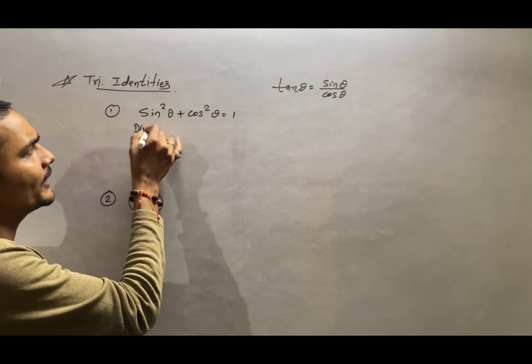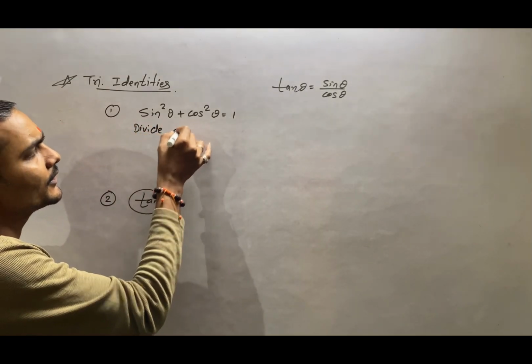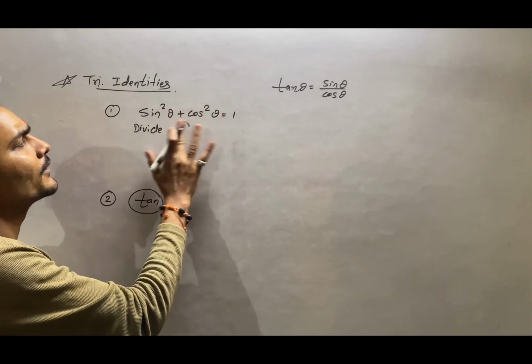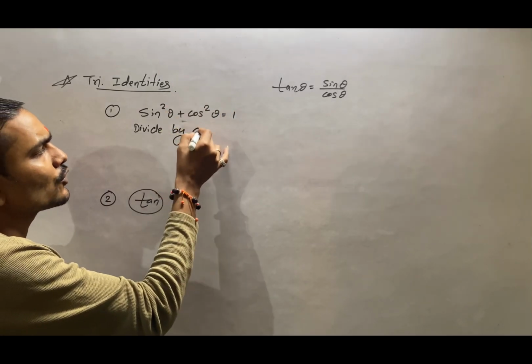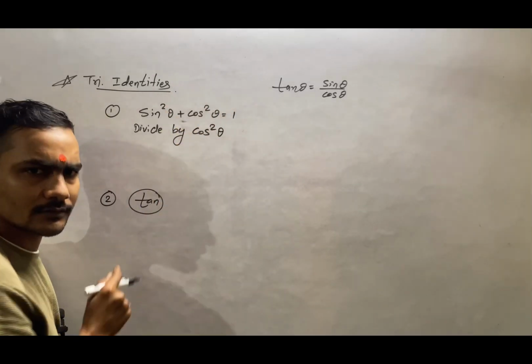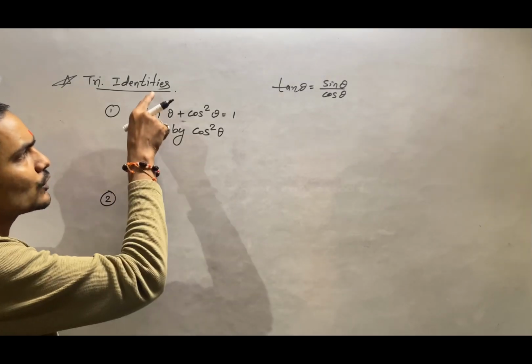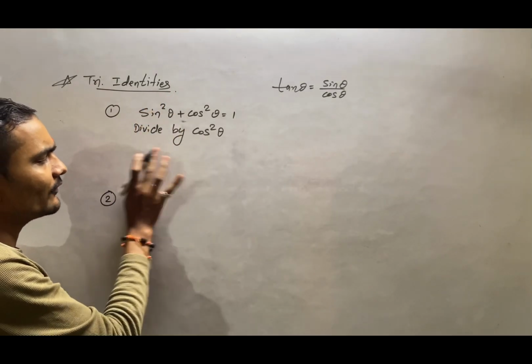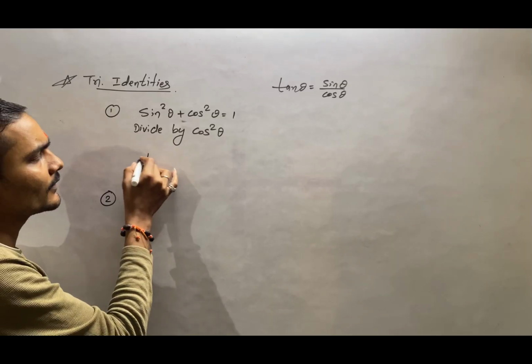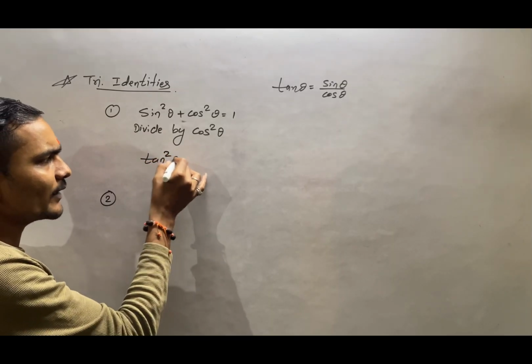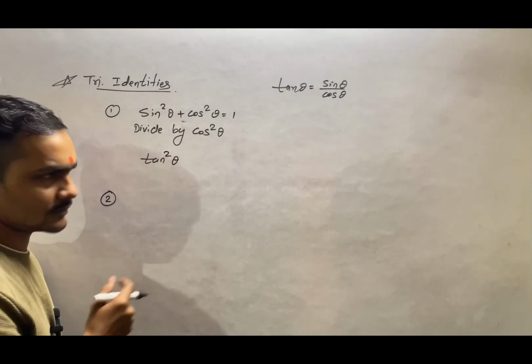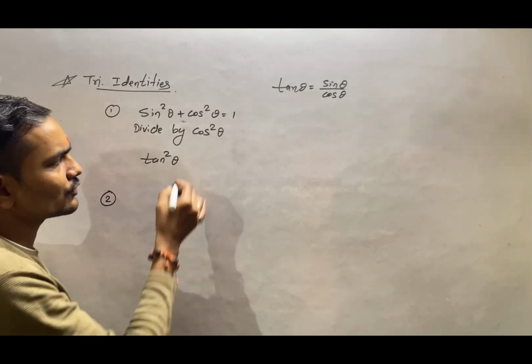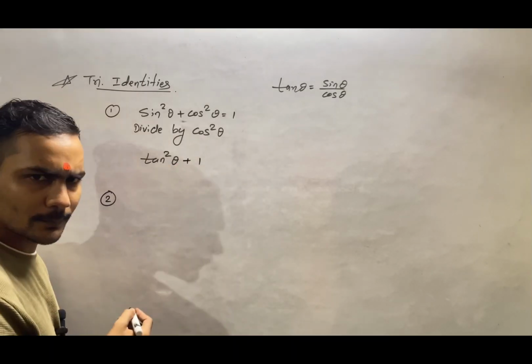by cos square theta. So sine square theta over cos square theta will be tan square theta, and cos square theta over cos square theta will cancel, so we get 1.